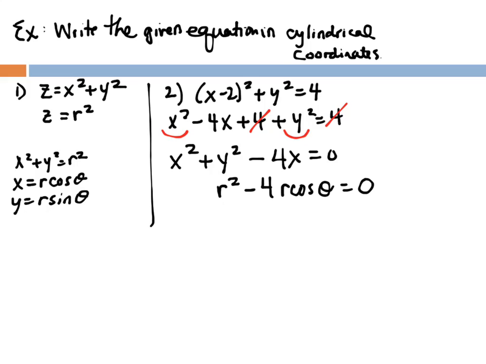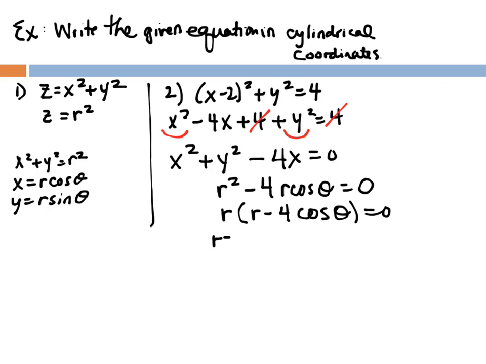And we're going to solve this for r. In the problems that we're going to be working with, having things solved for r is a helpful thing to do. So if I solve this for r, I would move r to one side, or you could even factor. Let's do it that way. Let's factor: r times (r minus 4 cosine theta). Does that look okay?